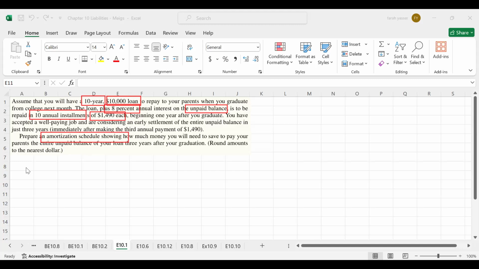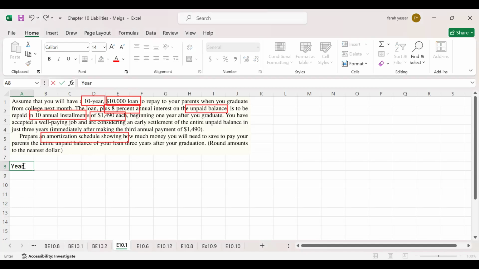So there are a few columns: year, or the time period, or you can say the interest period. A 3 years schedule is required.